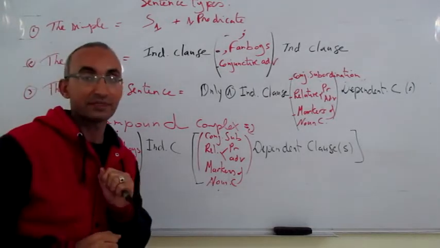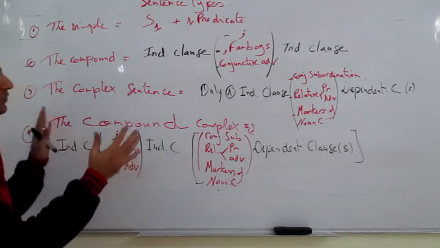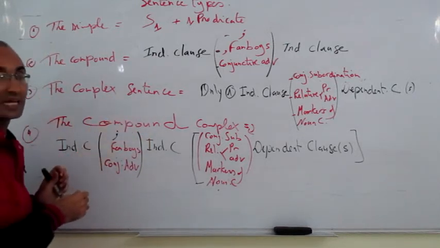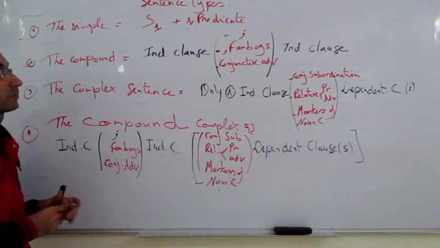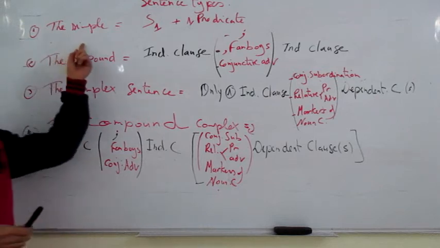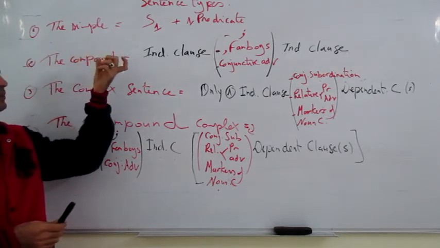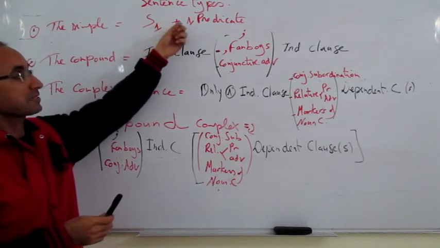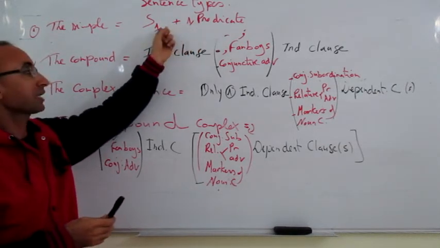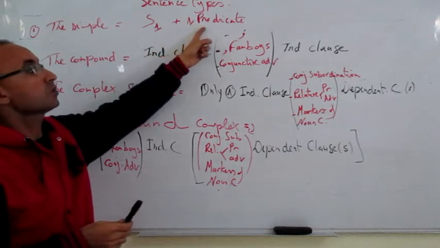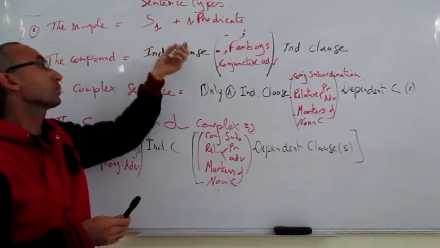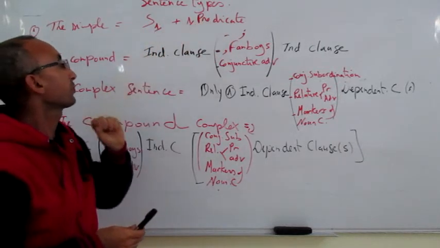Just before we leave, here is a brief review of all the sentence types and their structures. So we have a simple sentence, which consists of what? Simply S plus V, subject plus verb within one predicate, or we say simply one subject and one predicate.